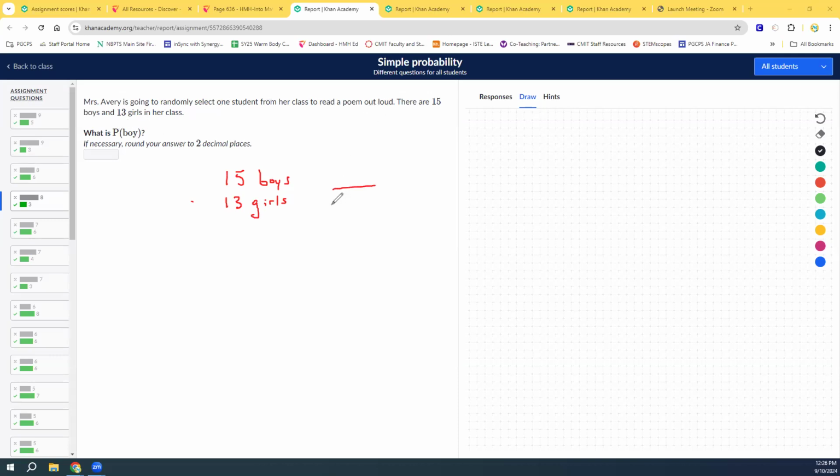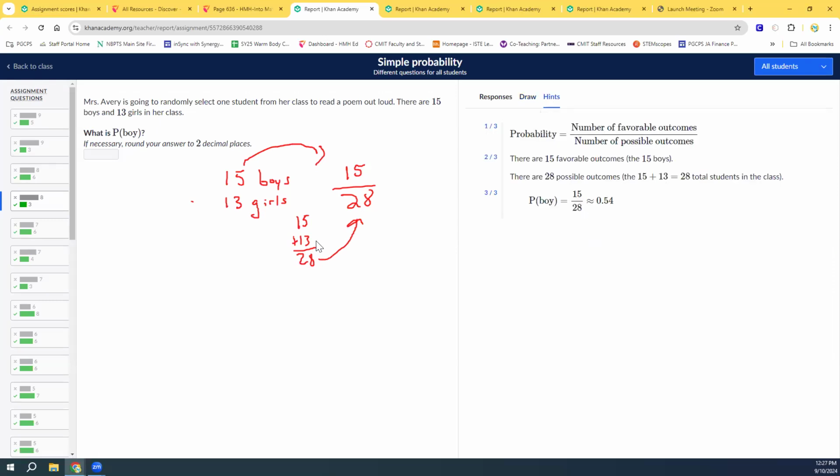Again, we have our total outcomes on the bottom. We have to add those numbers together to get the total outcomes. It's 28. And the number that fits the description is 15, the 15 boys. And that's it. All right, so that's simple probability. See, 15 out of 28.